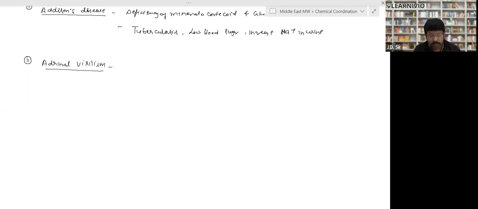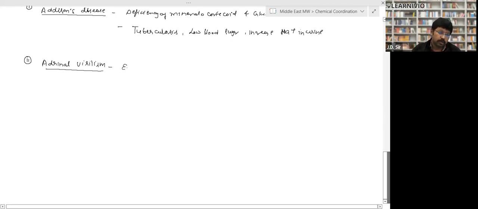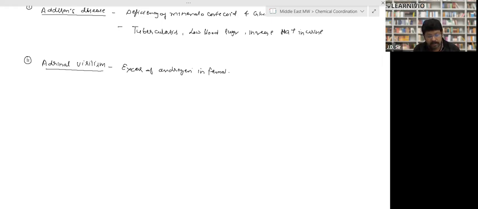You must have seen that sometime, an abnormality. It is due to excess of androgen secretion in females, like appearance of beard, mustache, etc. in female.